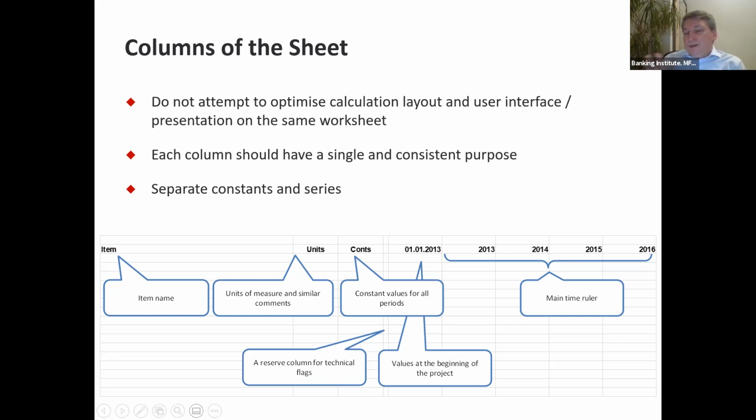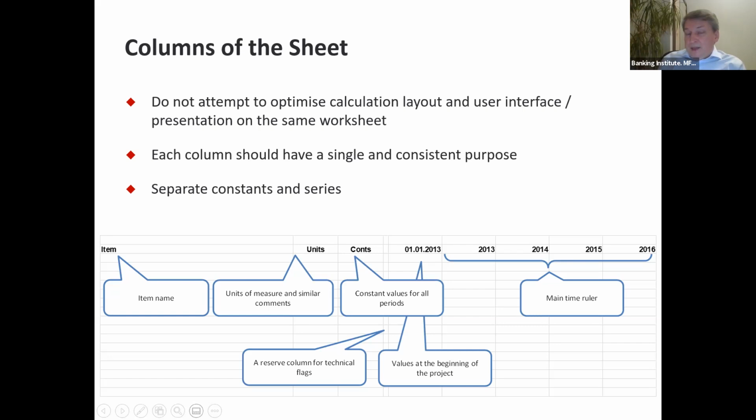Then usually you need two columns, for various reasons, but in all models something appears for those columns. One is the column for constant values, and by constant I mean the values that are the same for any period in the model, like tax rate or things like that.